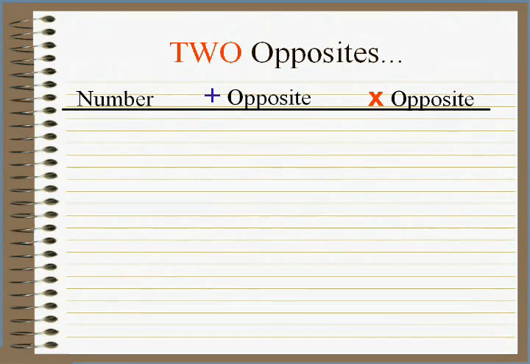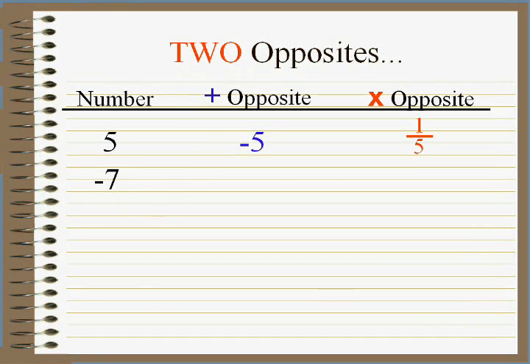Well, what I propose to you, hold on, is that there are two negatives, two types of opposites. The number 5 has an additive opposite, negative 5, but it also has a multiplicative opposite, 1 over 5. Did you forget that?